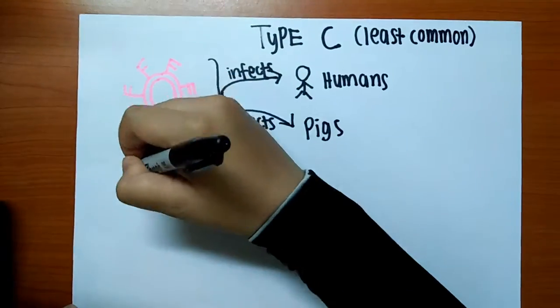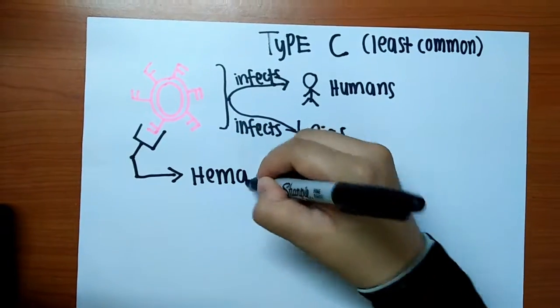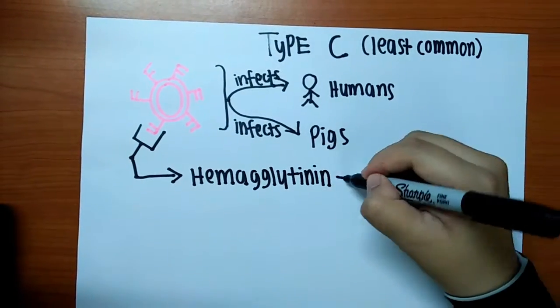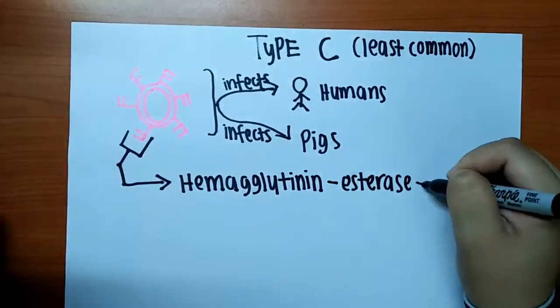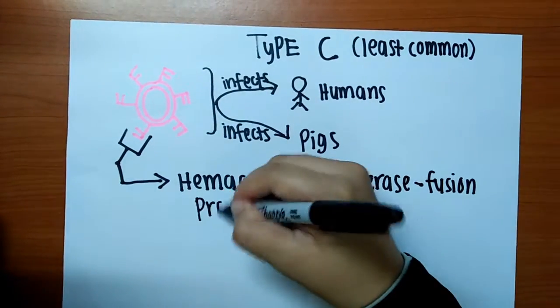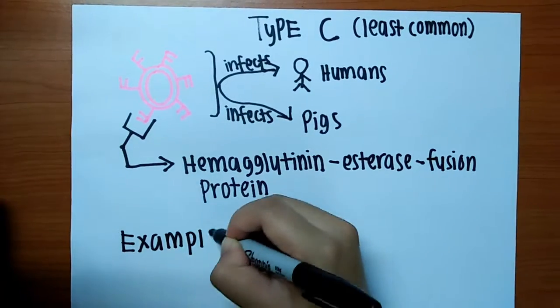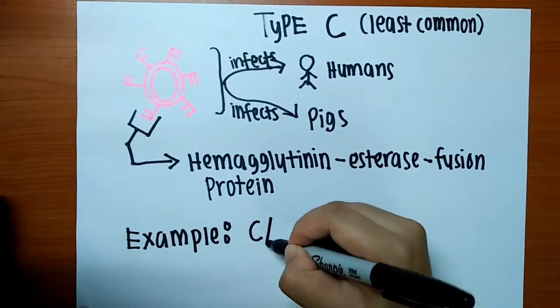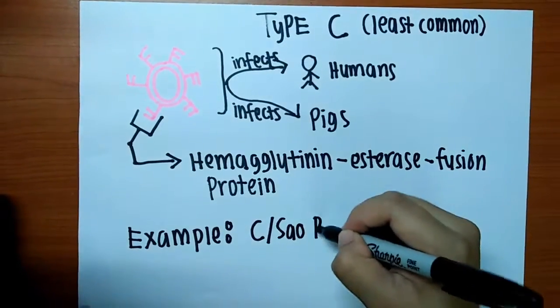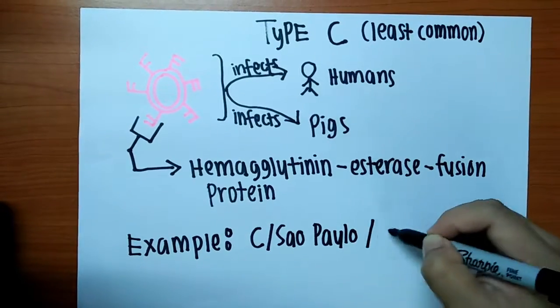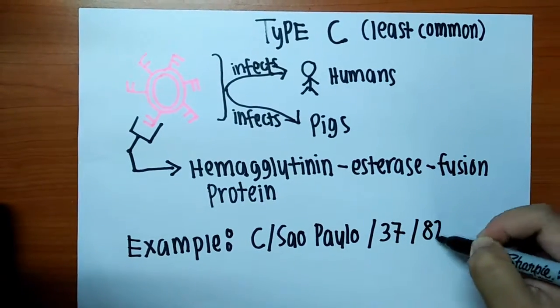Rather than hemagglutinin and neuraminidase, type C influenza uses a hemagglutinin esterase fusion protein to enter and exit the cell. For example, type C influenza virus found in Sao Paulo, Brazil, discovered in 1982.